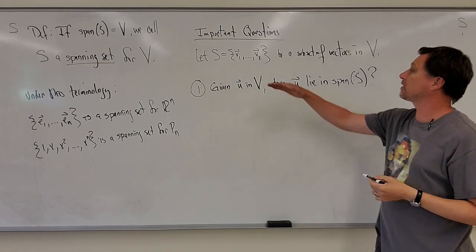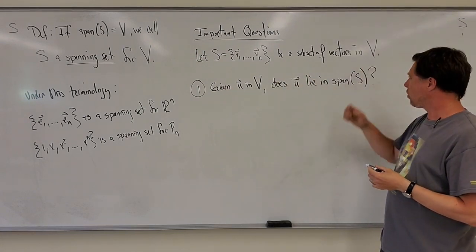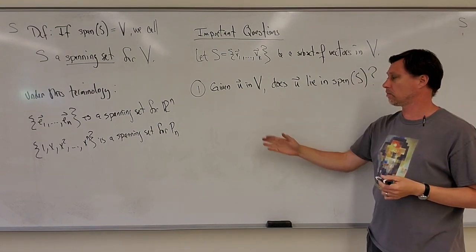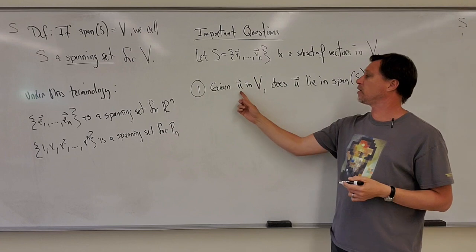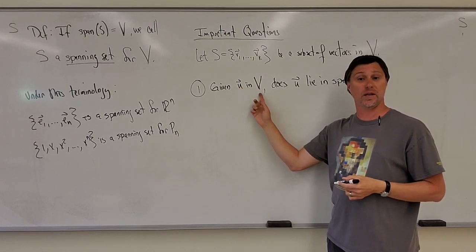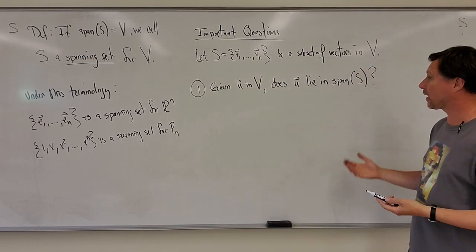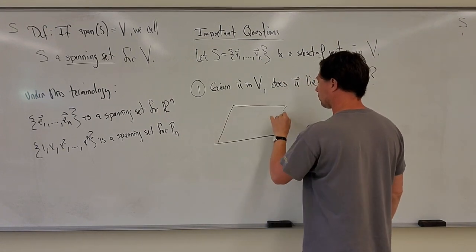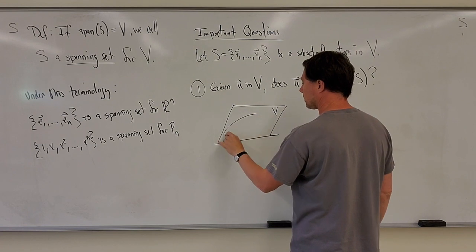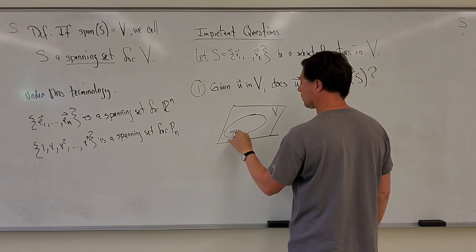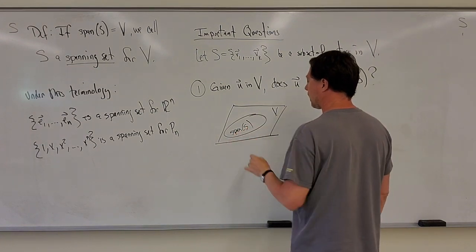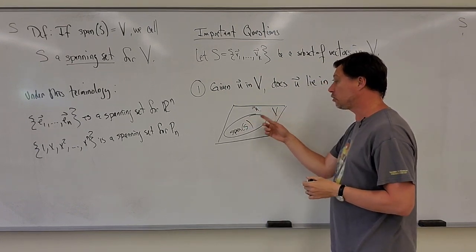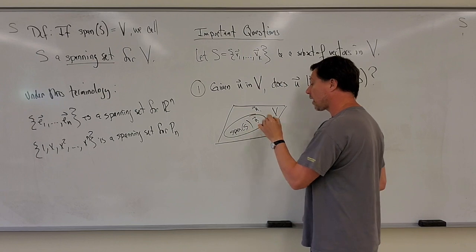We have this set sitting inside V. We know that the span of S is some subspace of V. So if we choose a vector u at random inside V, does it lie inside the span or not? Right, so the picture: here's V, here's the span. And if we choose some vector u, can we decide whether u lies inside the span or not?